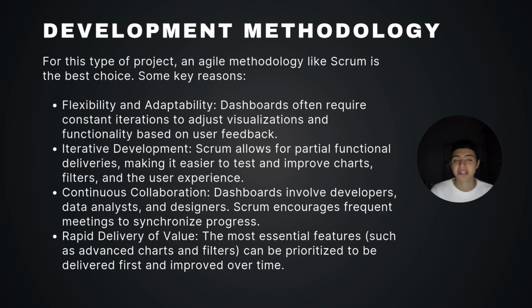First of all, it has flexibility and adaptability, which means that we can often improve this app, this project, based on user feedback constantly. It also requires iterations, which means it has a rate of development. That also means constant updates and functional deliveries. And all this makes developing and updating the app way easier than with other methodologies.